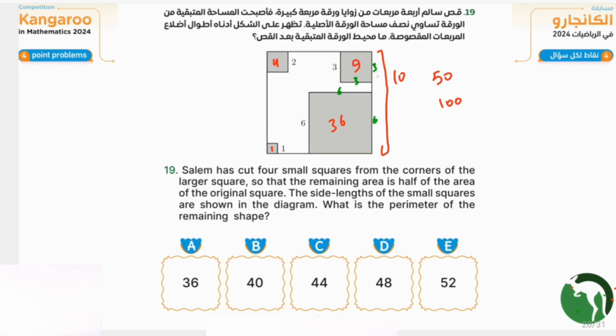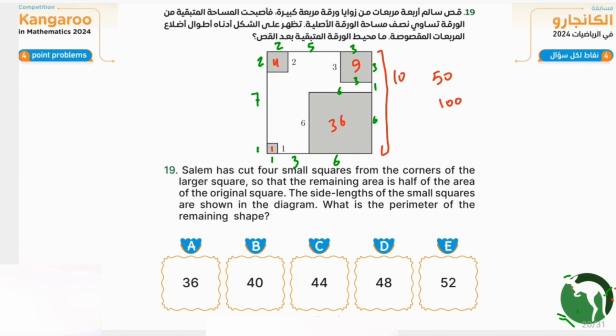So 6, 3, this one will be 1, and here we have 3, and here we have 2. So this one will be 5. Now this one will be also 2, and this one is 1, so this one will be 7. And here we have 1, and we have 6, so this one will be 3.